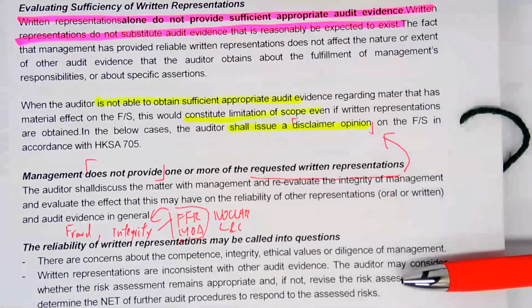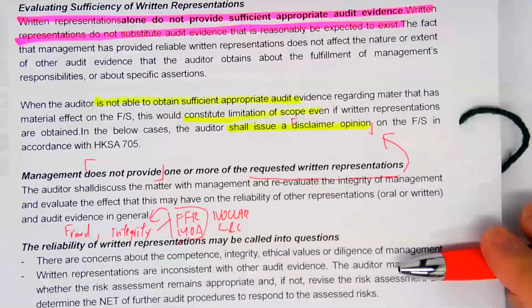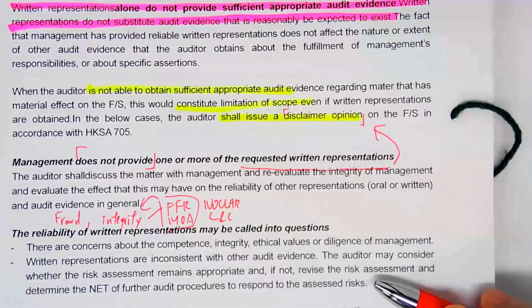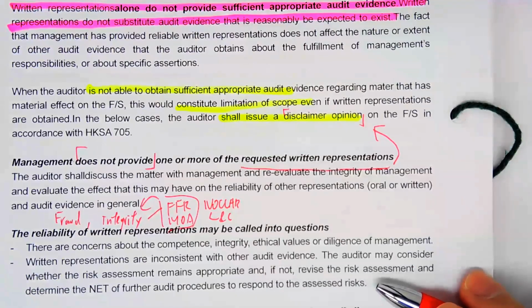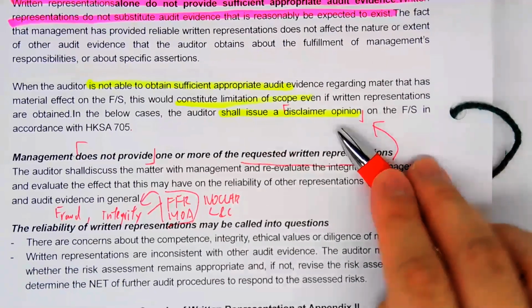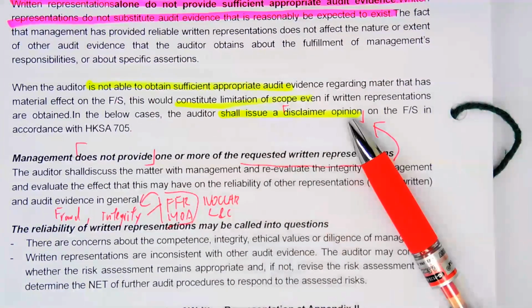Okay, because actually, your client did provide you with written representation, but if you question the reliability, the only thing you can do is to do more audit work to reduce the risk to an acceptable level so you can issue a clean opinion. If you cannot do that, go disclaimer. Again, it's the same, nothing changed. You are still going through the same thinking process.